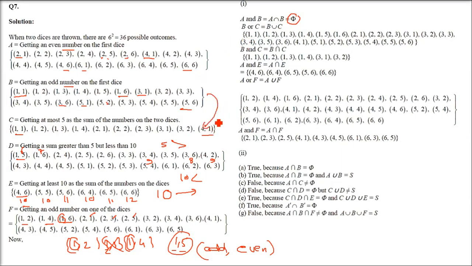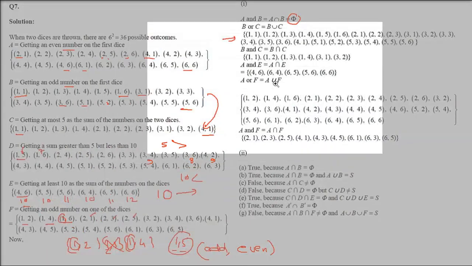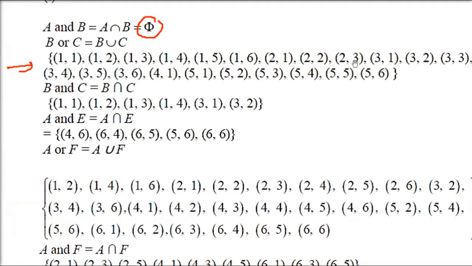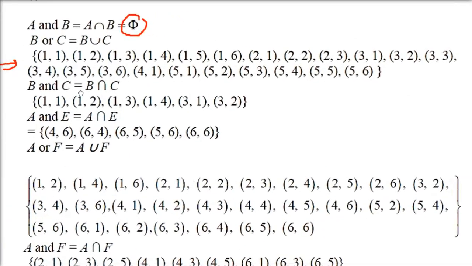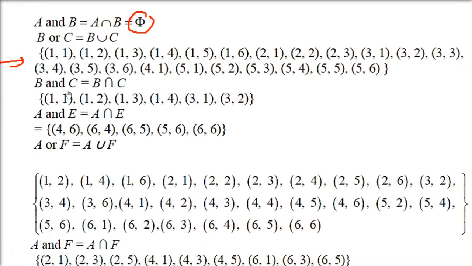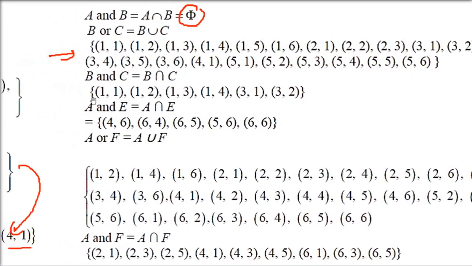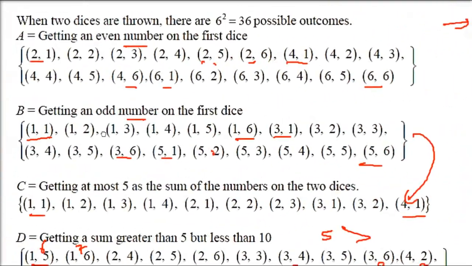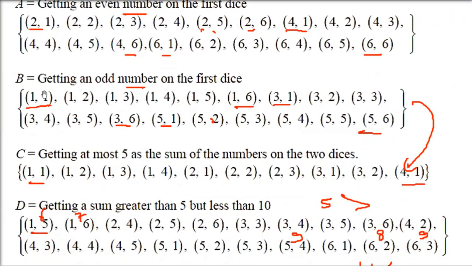So just combine them. Just the common will come. Write it only once. I'll just show it here. So the whole of this is going to come. I hope you are getting it. Now take B and C, take the common ones and just write it once.